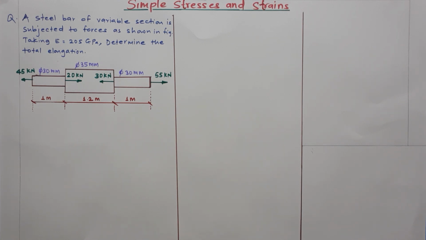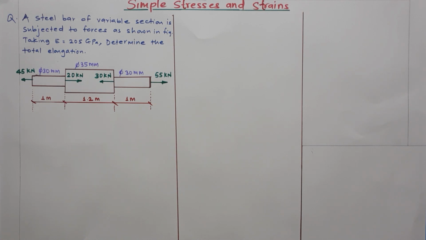Simply supported beam, overhanging beam, and cantilever beam are examples of statically determinate structures, and fixed beam is an example of statically indeterminate structure.